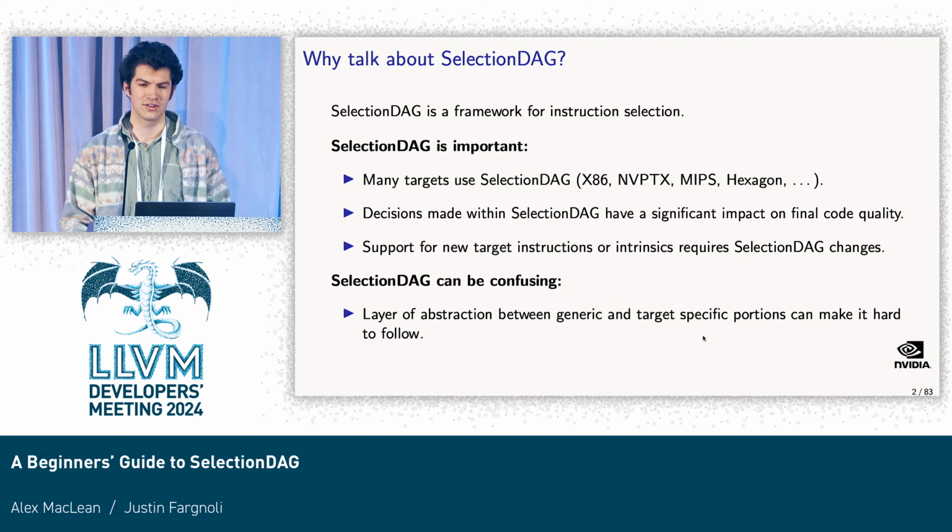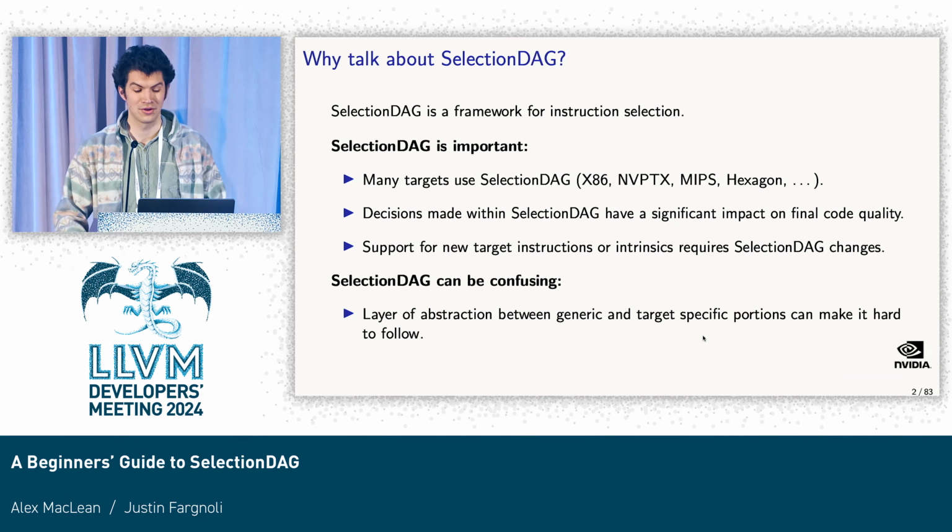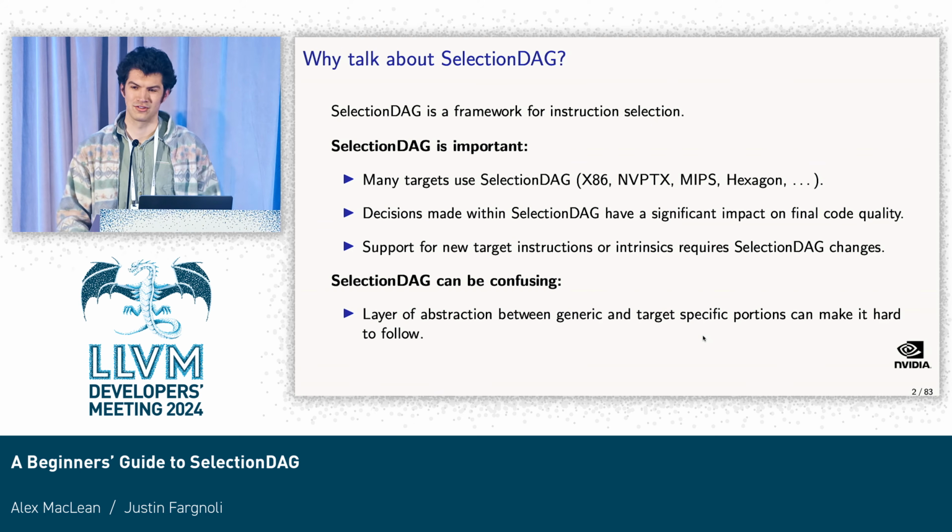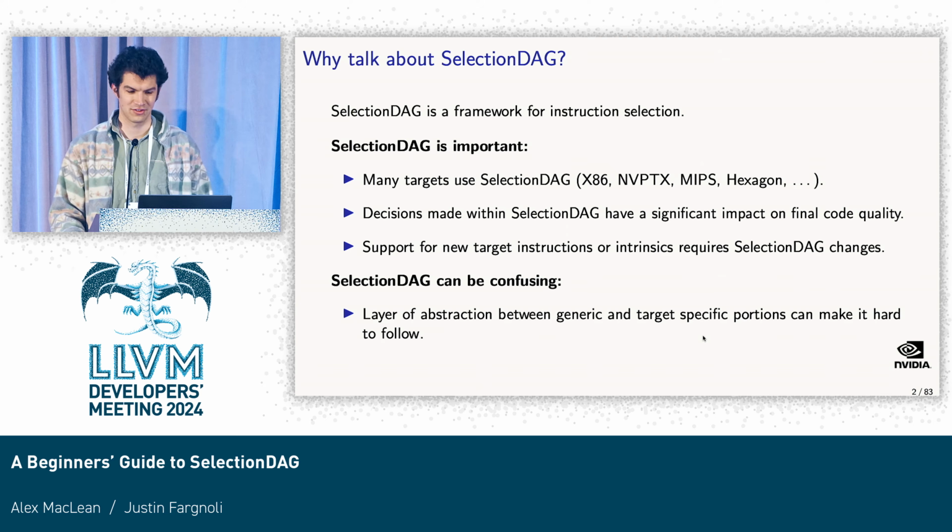Hello, everyone. So as Justin said, we're going to be giving a high-level overview of SelectionDAG. For those of you who don't know, SelectionDAG is a framework for instruction selection. So that's the process by which we take LLVM IR and turn it into instructions that can actually be run on a real machine. So there's two main reasons why we thought it would be worth talking about SelectionDAG today. The first is that it's really important.